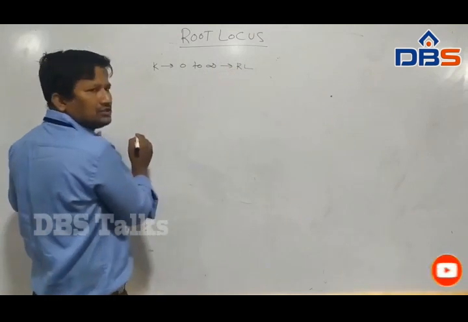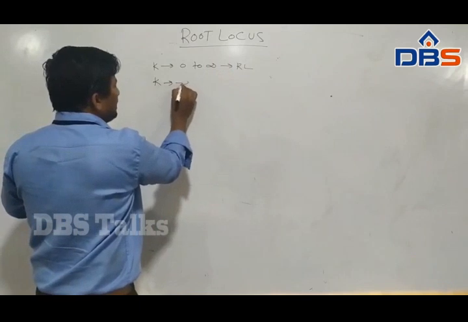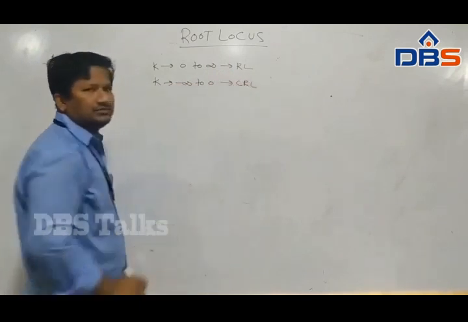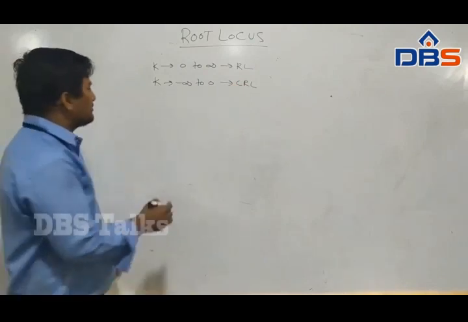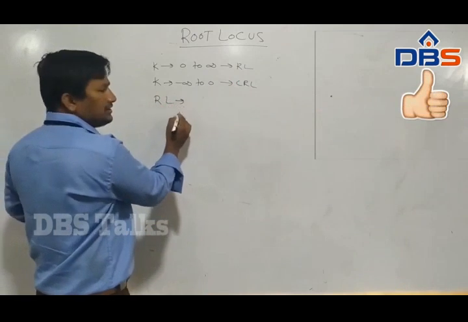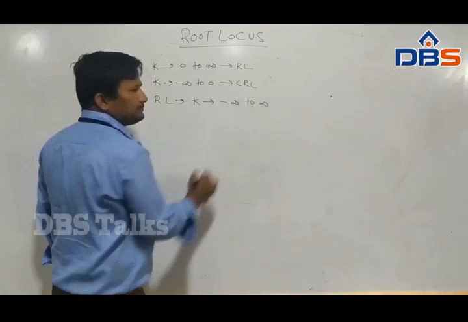Otherwise, when the k value is varied from minus infinity to 0, it is called the contour root loci. The complete root locus is the sum of these two, where k is varied from minus infinity to infinity.